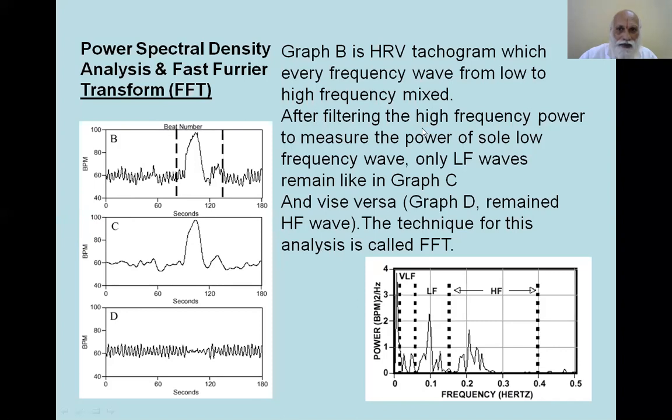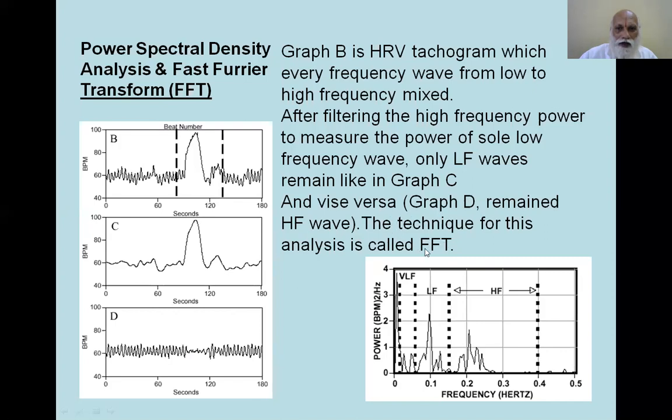Only low frequency waves remain, like in graph C. Now, in graph D, you have filtered the low frequency power, and only high frequency remains. So you see the high frequency is remaining and low frequency is filtered.